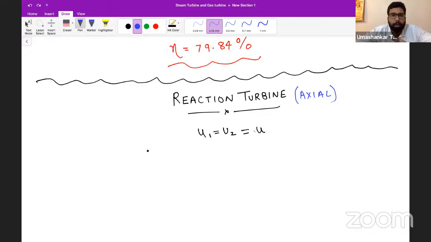But as far as the numerical part is concerned, this reaction turbine is going to be the last discussion. So our next session will be almost the last session for steam turbine. Maybe in the next session we will be able to discuss the governing and critical speeds of the steam turbine; if not, we will discuss it in the next lecture.